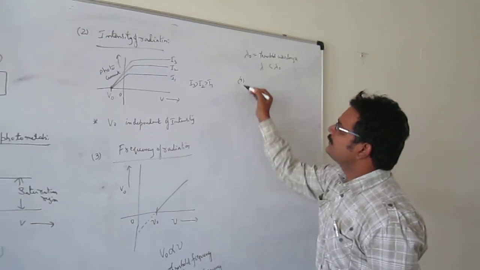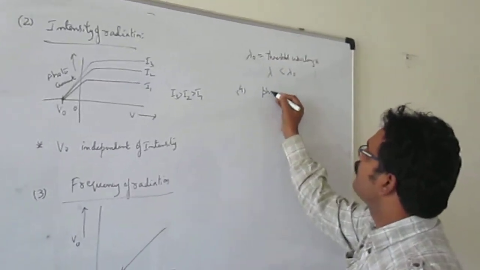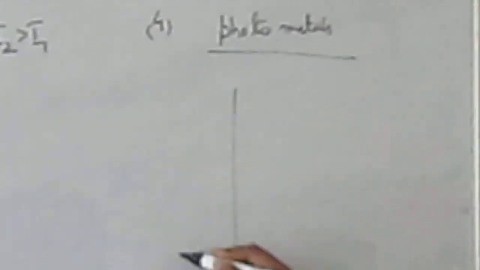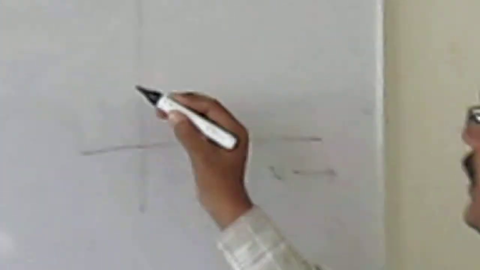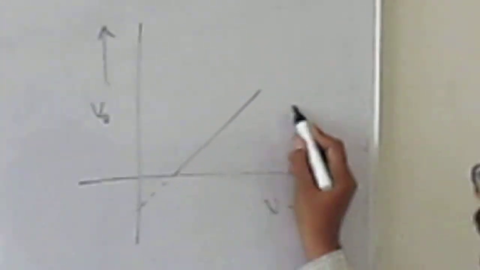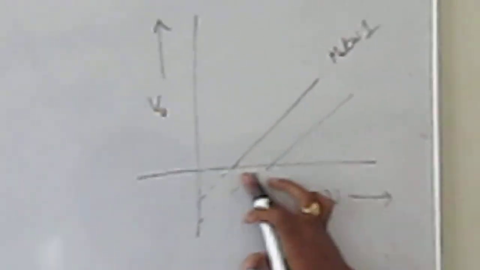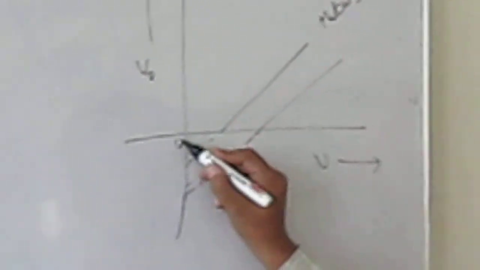Now the last factor, photometals. The same graph between frequency and stopping potential they have taken for different metals. This is metal 1. This is metal 2.